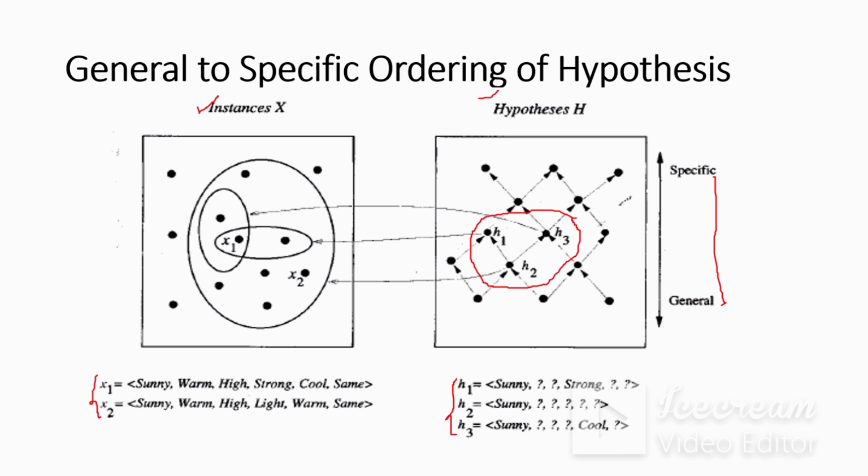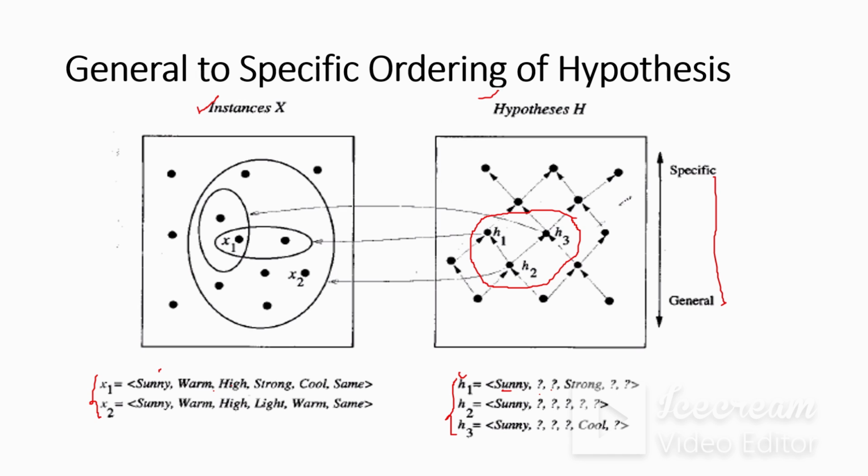The instance x1 satisfies h1 because sunny can be kept in the first place where it is sunny. Warm can be kept in the second place, which is a question mark. High can be kept in the third one, which is a question mark.